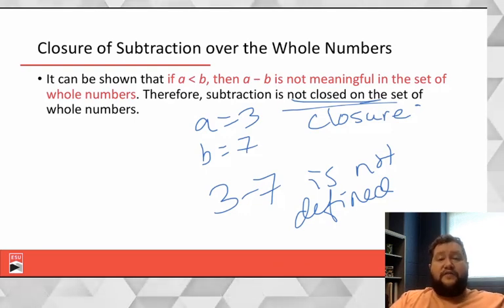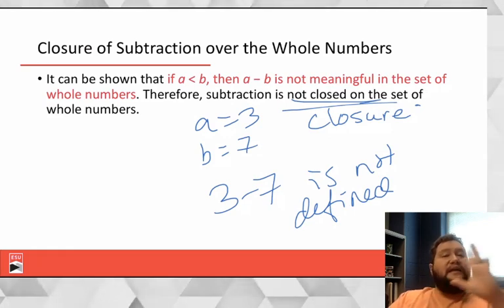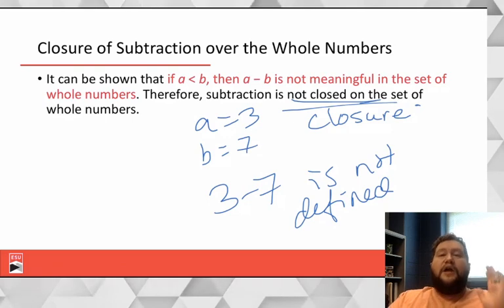Now that's in contrast to once we get to negative numbers, we will have closure because no matter what number it is, you can subtract another one from it. You might get a negative number, but you're going to get a number that's defined. And so this is the idea of closure: if you subtract any possible number from that set, from any other possible number, whether or not they're bigger or smaller, do you get a number that's in that set?